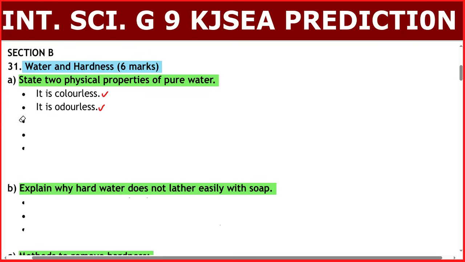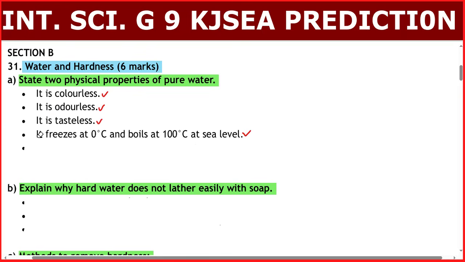Then pure water is, now you can talk about tasteless. Yeah, no taste, it is tasteless. If it is pure water, it does not have minerals. Then we have another bullet here. Pure water freezes at 0 degrees Celsius and boils at 100 degrees Celsius at sea level.